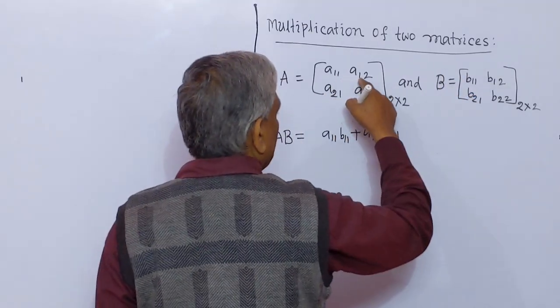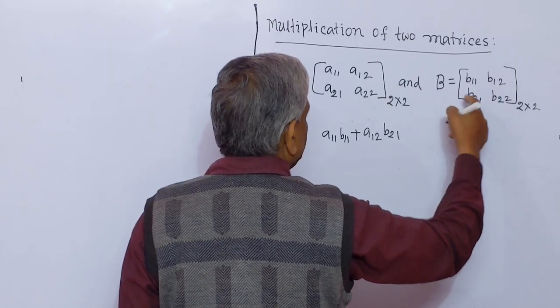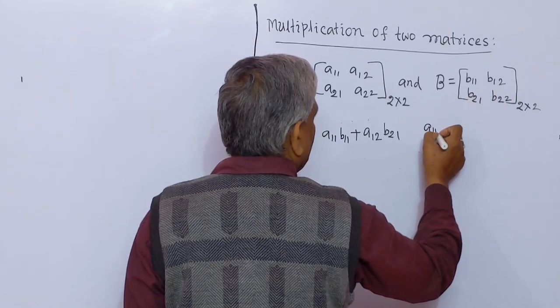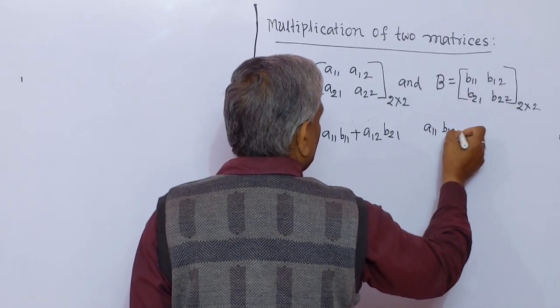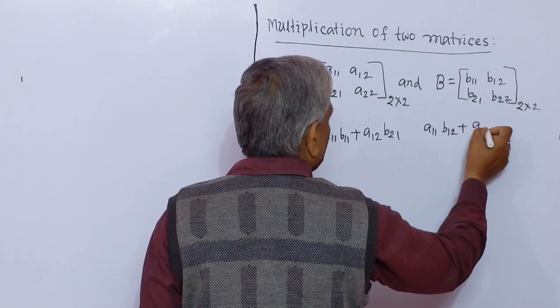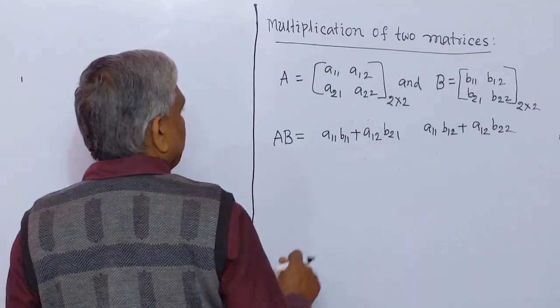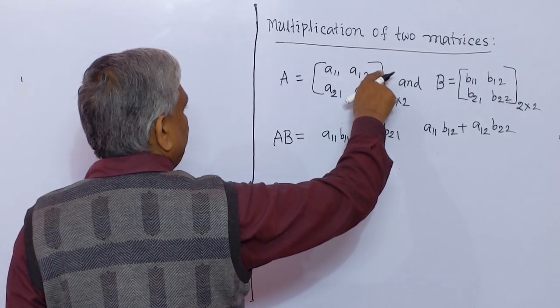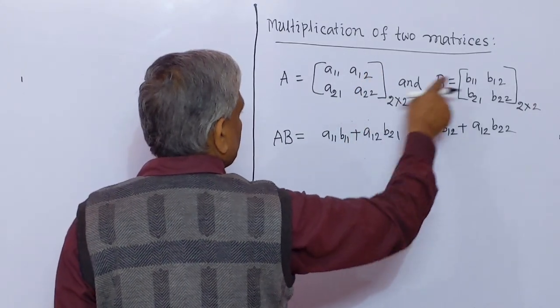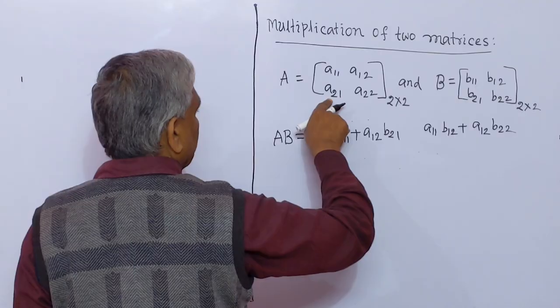Next, first row, second column: A11 B12 plus A12 B22. Next, we have no A13, so we start the second row.